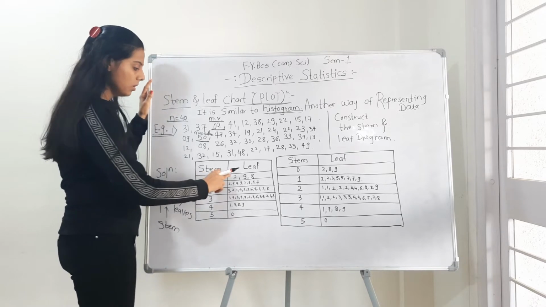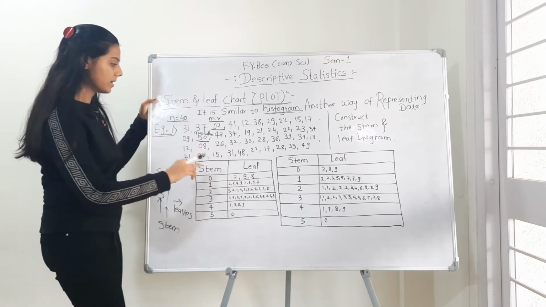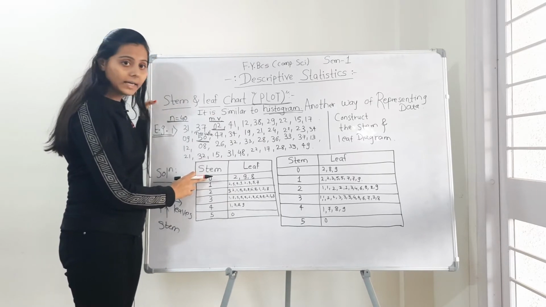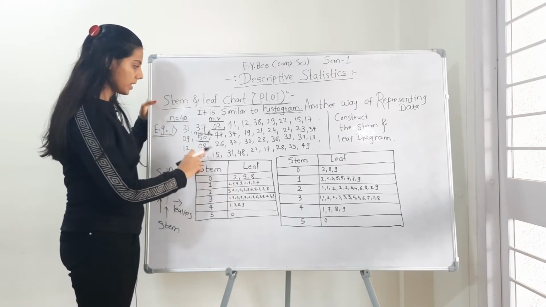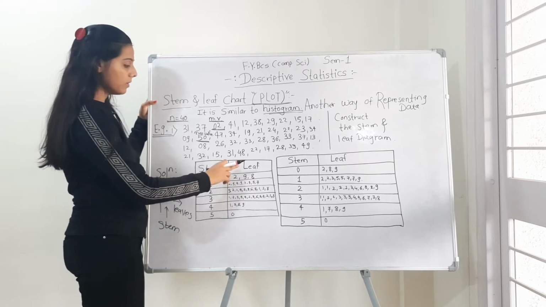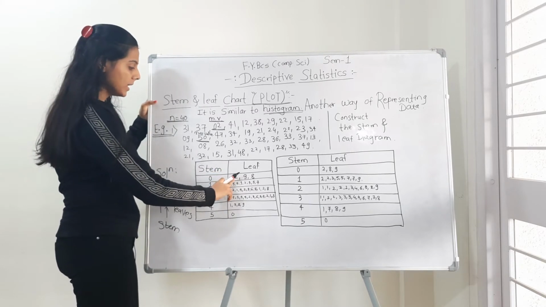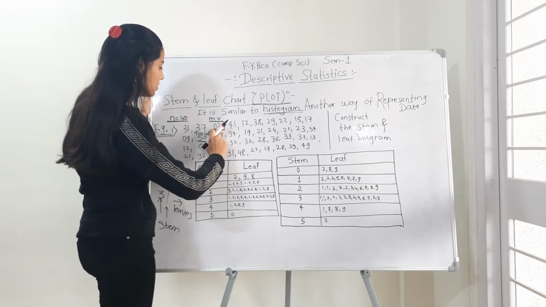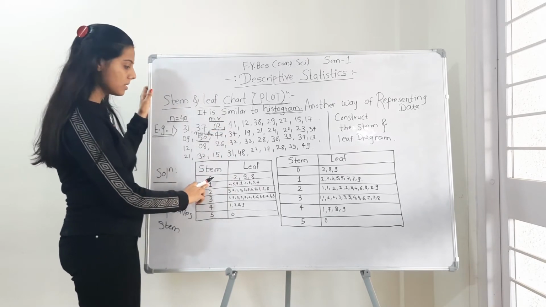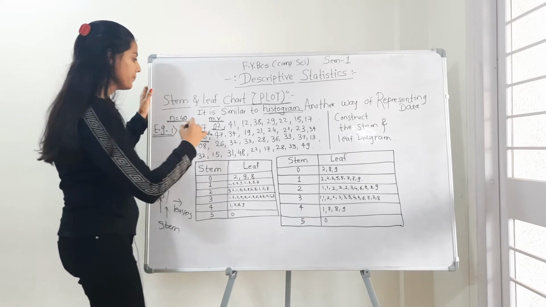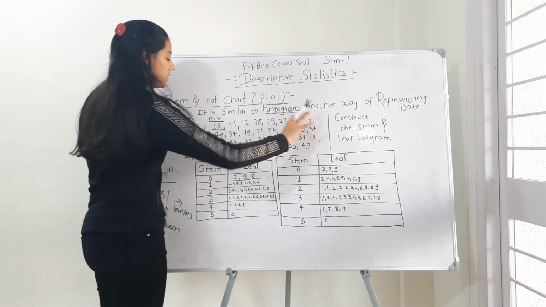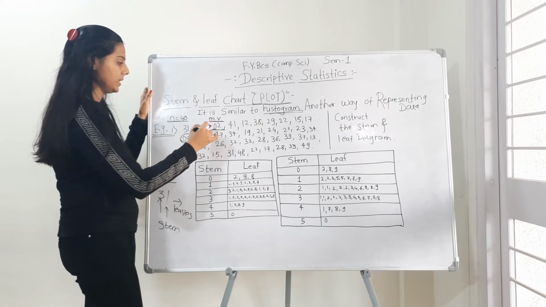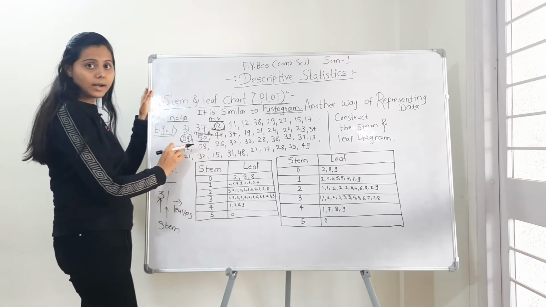See in the data, the starting number is 0. What is your first leaf for the 0? It is 02. Now see in your data 02, and again 09. So 02 and 09.